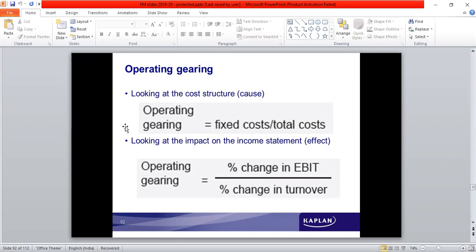The next topic, we have business risks. Under that, we are talking about the different types of costs which are incurred, and what is the impact of these costs on the business is what has to be understood.